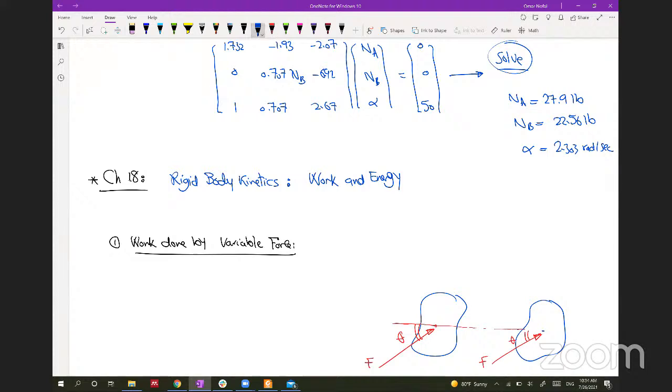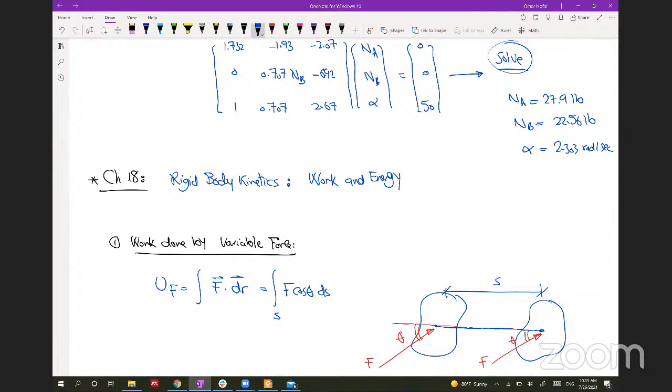So it's similar to the work done by a force on a particle. So U_F is equal to the integration of the F vector dot product with the dr vector, or it's F cosine theta ds integrated over the path of the motion. So this is the path of the motion, this is S, and this is how I do it.